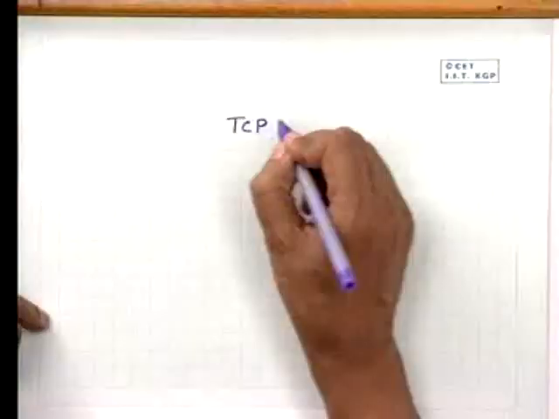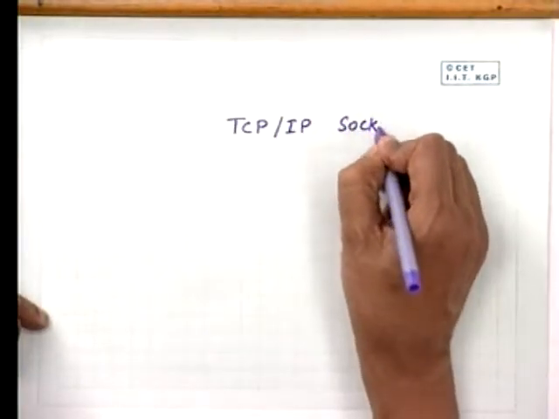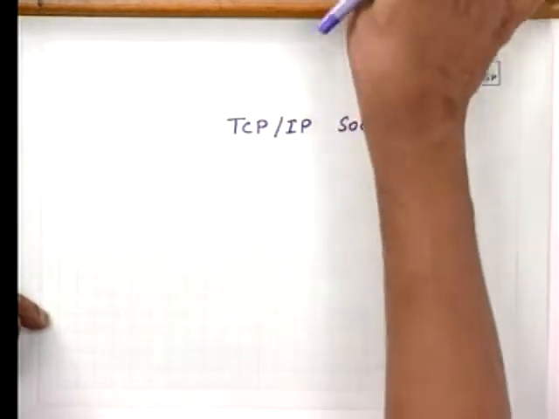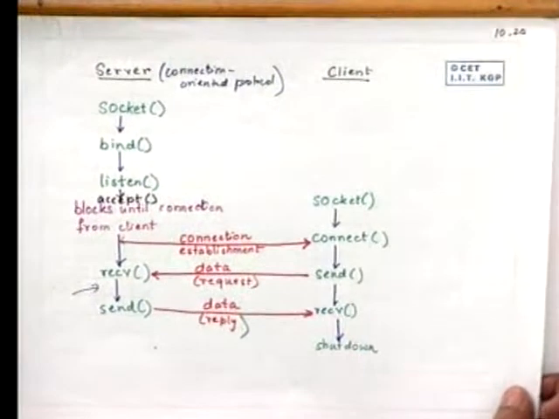In the previous lecture, we looked at TCP/IP sockets and how these can be used to implement a connection-oriented protocol for server-client communication.